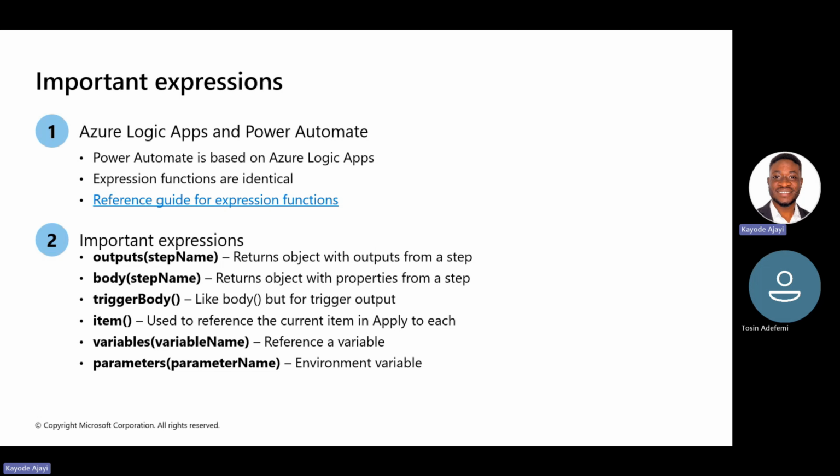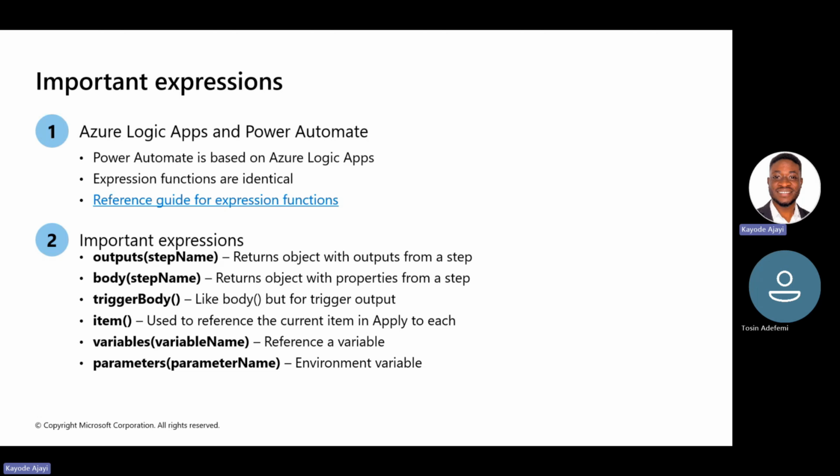So things like outputs returns an object with outputs from a step. Body returns an object with properties from a step. Trigger body. So when an automation is triggered, it saves it. There's a property called trigger body, which you can connect to and use that to get some properties.